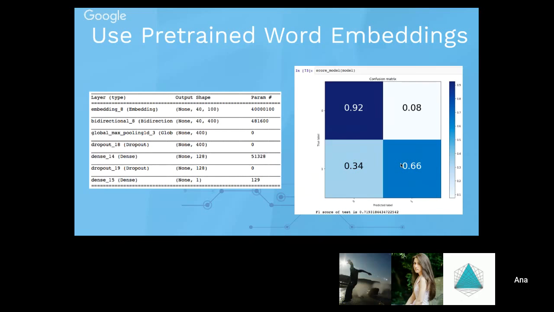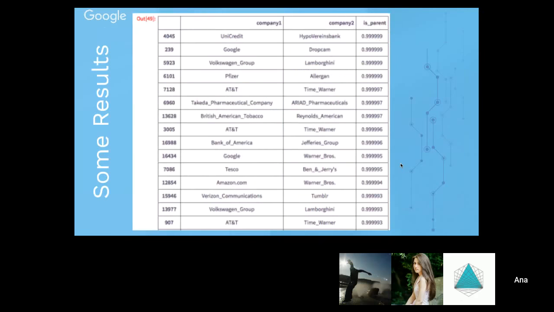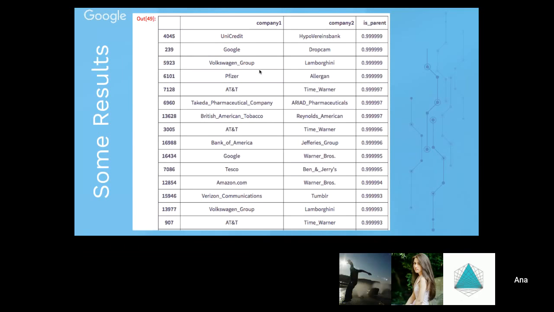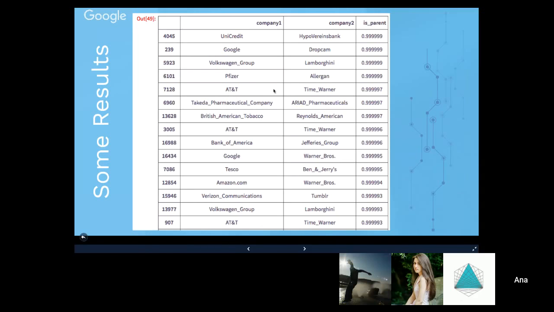But now we can see some of the output that we get from this network. Here is how it looks. We have the companies, and what you might notice here is the effect of the way that we fed the neural network. You might see that these companies, for example, AT&T and Time Warner, which are a pair, appear 3 times.